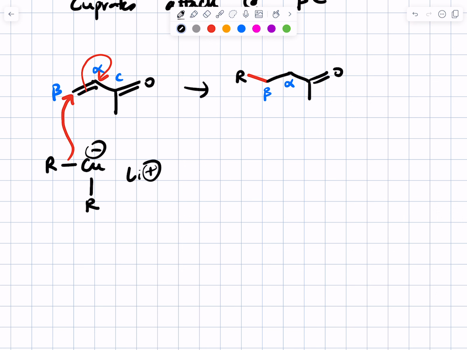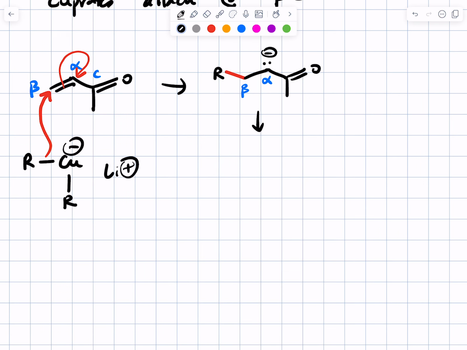Here is the alpha carbon that should have a negative charge on it. That negatively charged alpha carbon is adjacent to a carbonyl, so we have the opportunity to stabilize that negative charge by resonance. In other words, the lone pair on the alpha carbon is delocalized onto the carbonyl carbon.